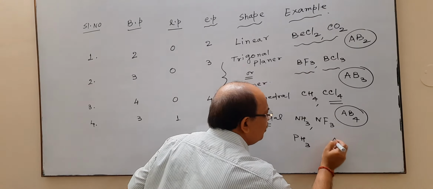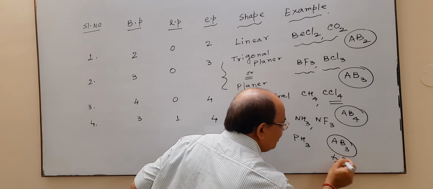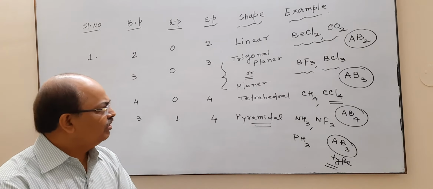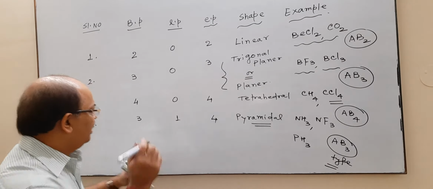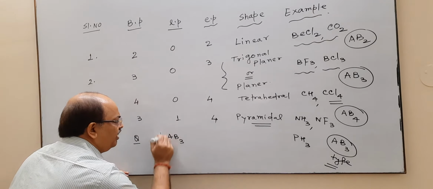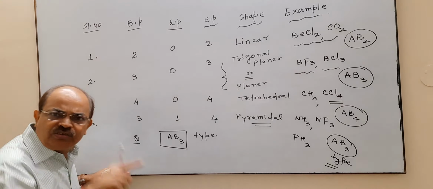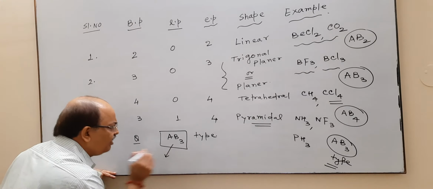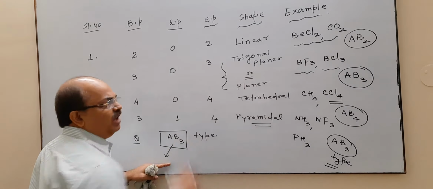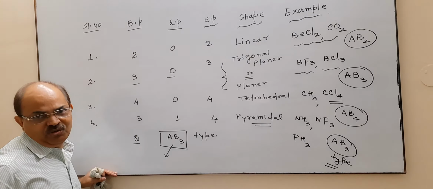Now the molecule is AB3 type. Now let us consider, if the question says the molecule is of AB3 type, but if it is triangular planar, then bond pair is 3, lone pair is 0.